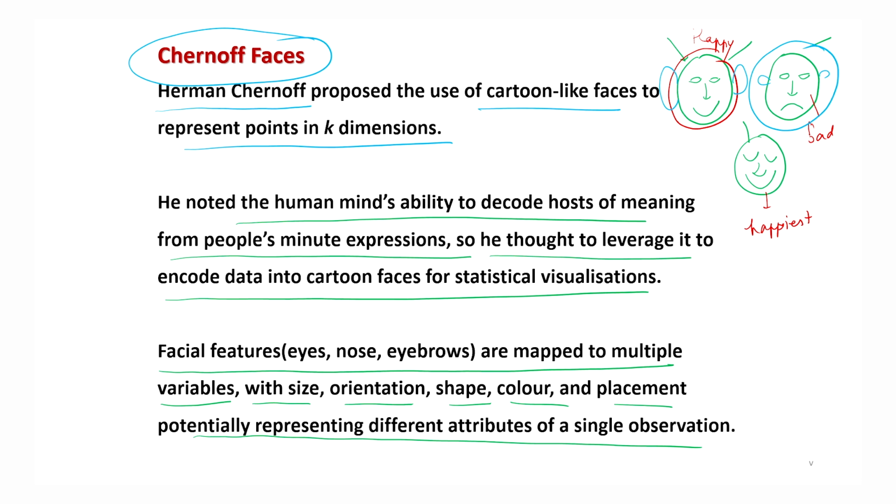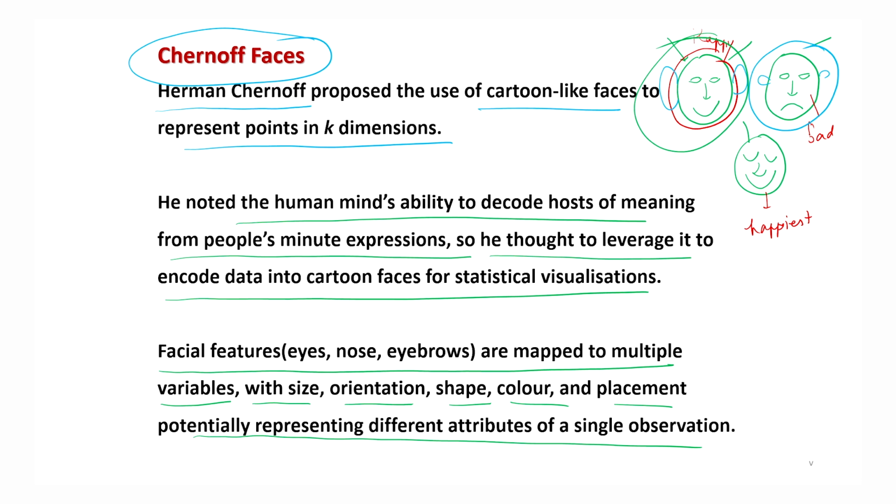Right. For example, if I take the example of health, health depends on several factors: height, weight, age, blood pressure, blood sugar, different things. So now if a person is healthy, the face should look like a happy face, and if the person is not healthy, then the face should look like a sad face.